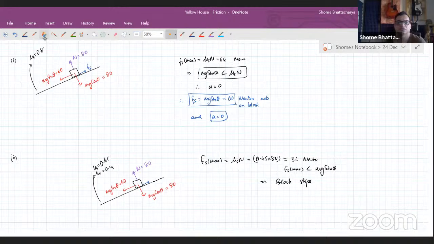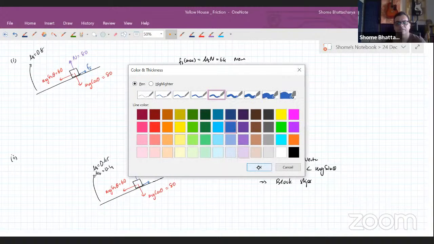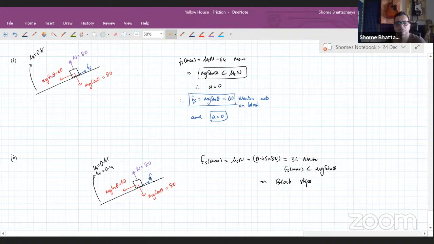And as it slips, there will be kinetic friction acting over here of mu k into normal reaction. It will have some acceleration a. So mg sin theta minus kinetic friction will be equal to ma, where the kinetic friction will be this much.